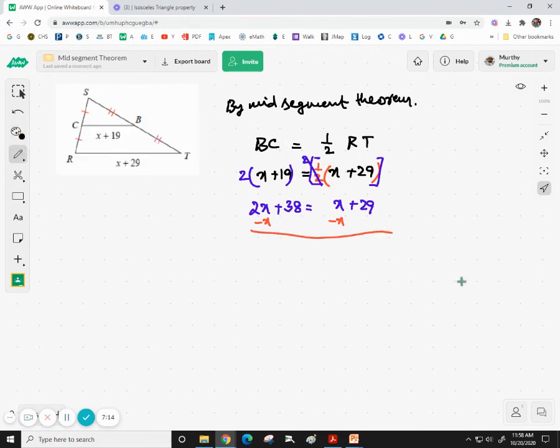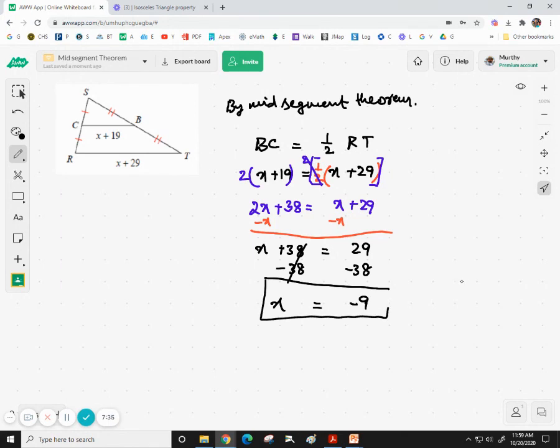Then you get x plus 38 equals 29. Then take away 38 on both sides, then the value of x equals negative. So don't be surprised in case you end up with a negative value.